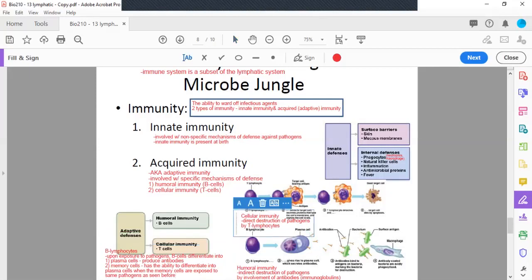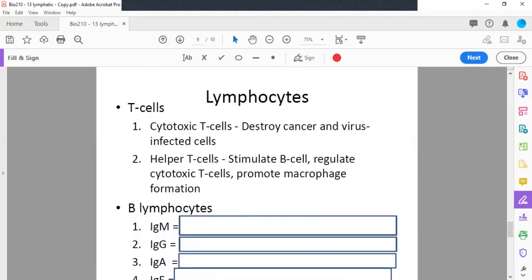The antibodies will bind to the bacteria, and the macrophage will begin to engulf any pathogen that is marked with the antibodies. All right, very good. Let's move on.